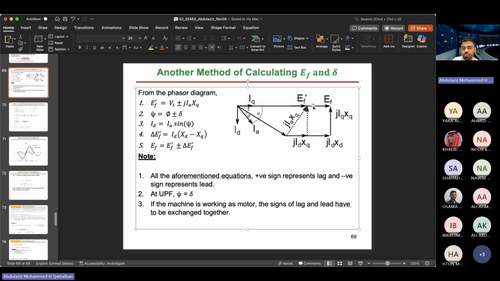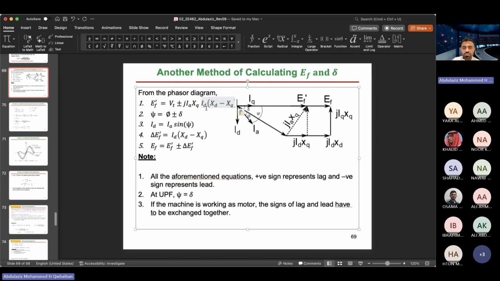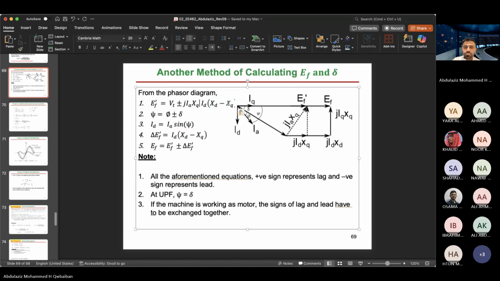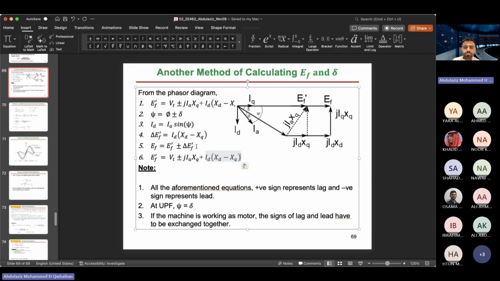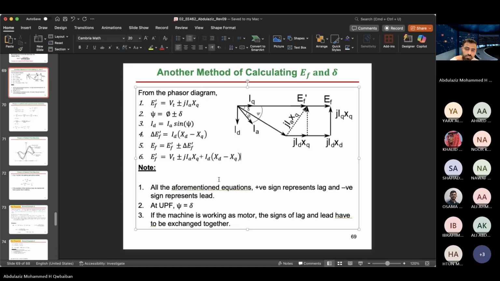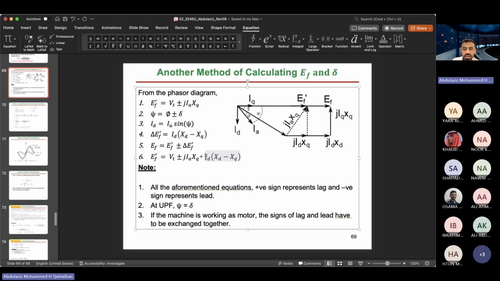So now, for me, I can add this term here. Maybe I can call it point number 6. Okay? Clear? So by knowing the direct current, is there a j here?